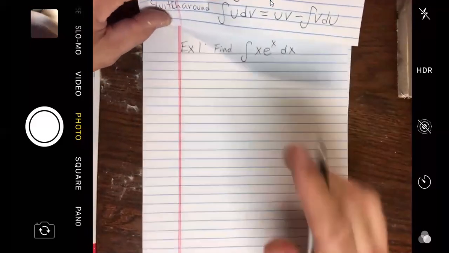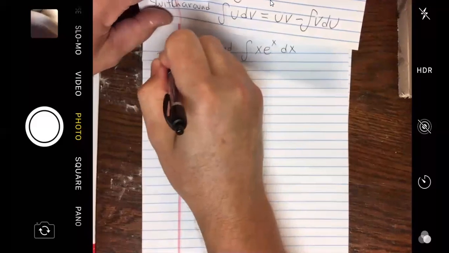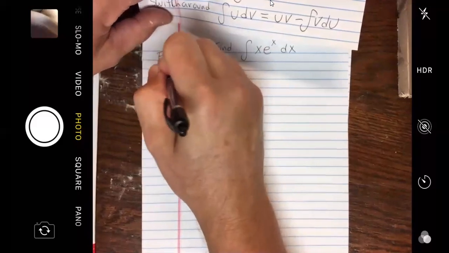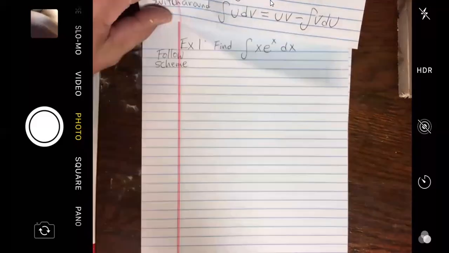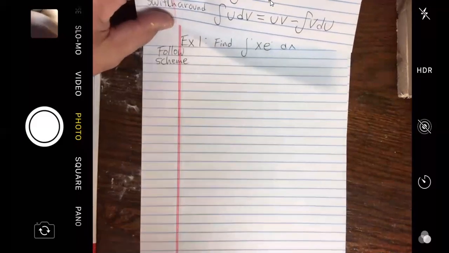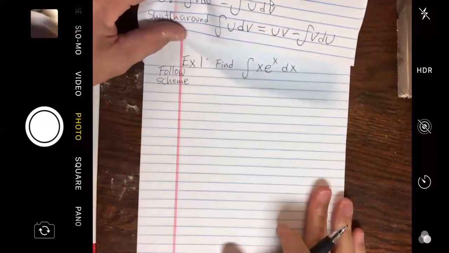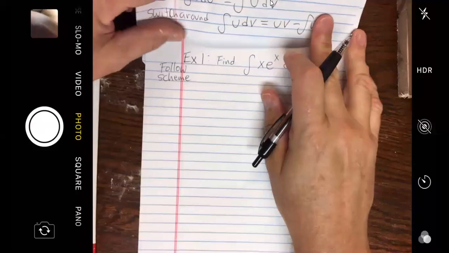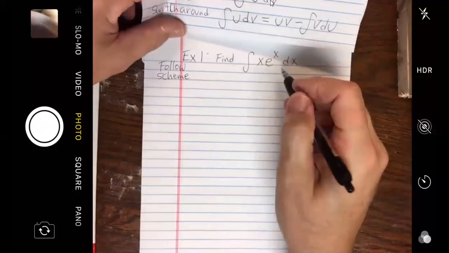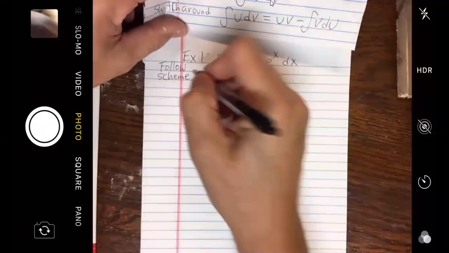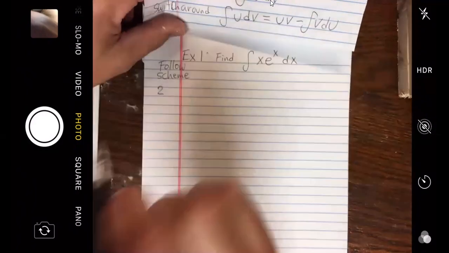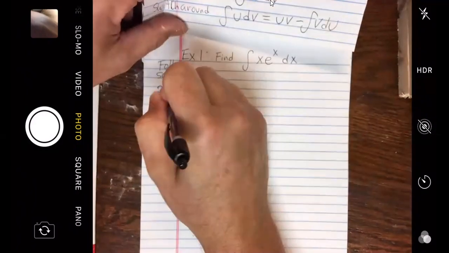All right, now I'm going to follow the scheme. What you do is literally you have two parts most of the time. I'll show you the trick if you don't have two parts.